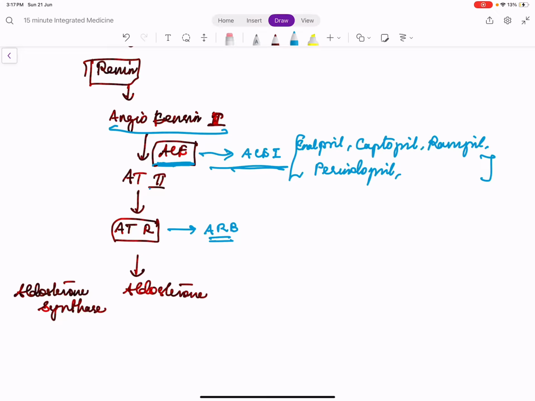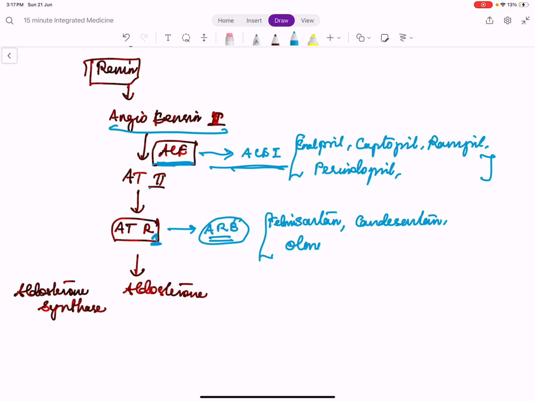We have 2 types of receptors, angiotensin type 1 receptor and type 2 receptor. We are speaking only about the type 1 receptor. Type 2 receptor is not found in adults. So an angiotensin receptor blocker is an angiotensin type 1 receptor blocker. Anything ending with sartan. So our famous telmisartan, candesartan, olmesartan, losartan, valsartan.